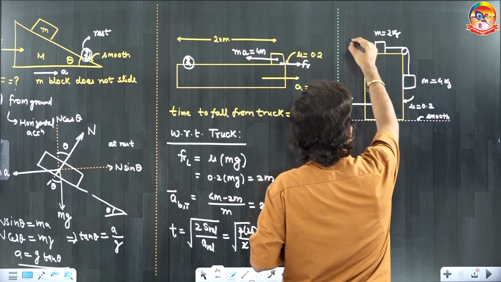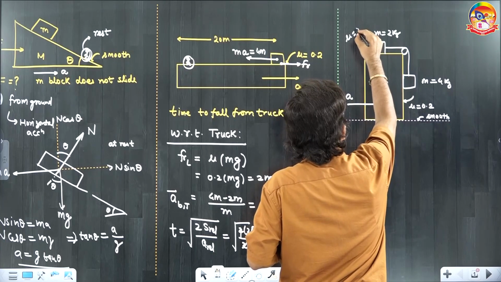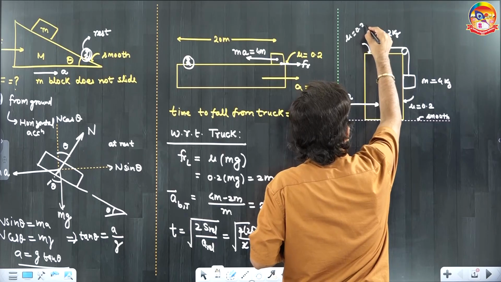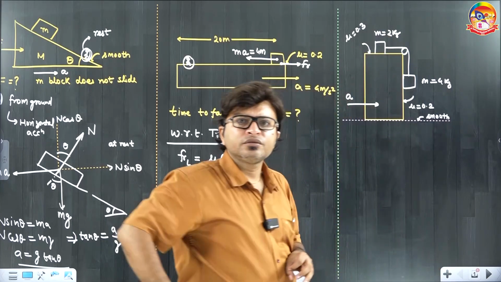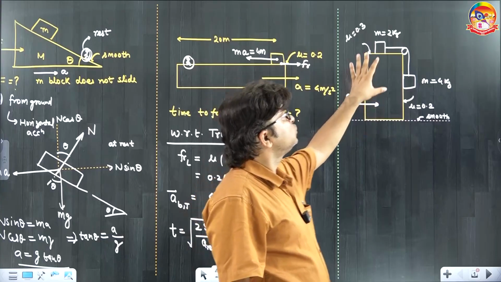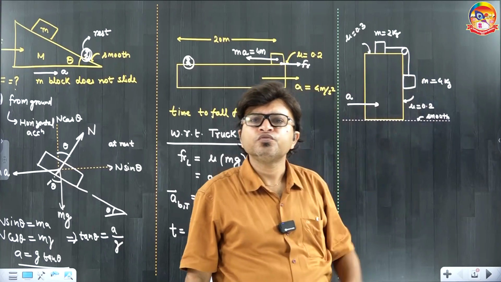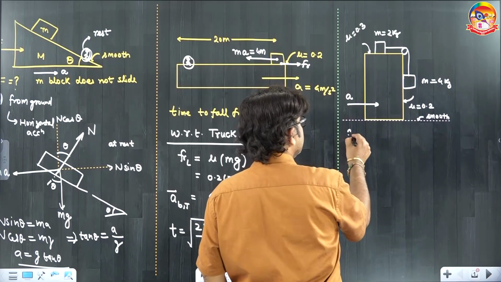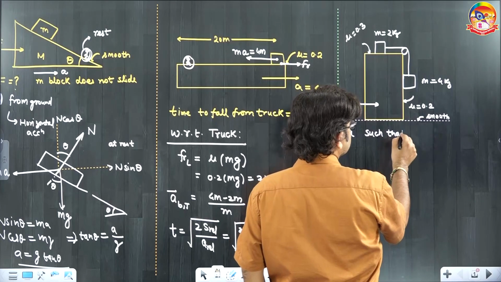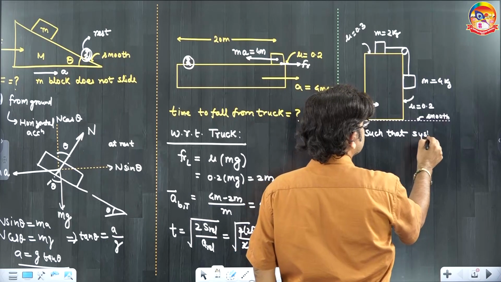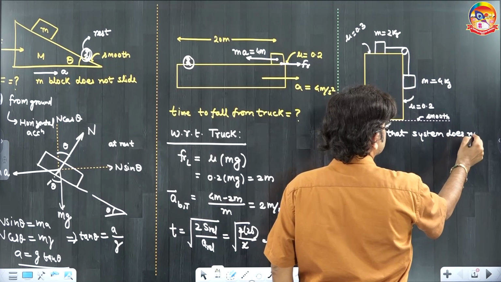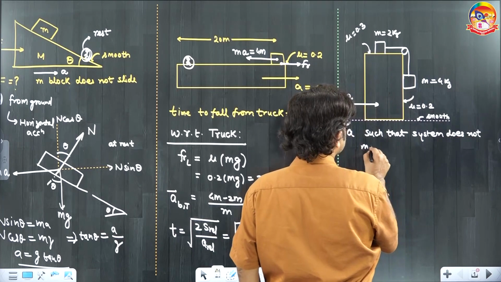Here it is also rough, mu is equal to 0.3. Now I have to find out what should be the acceleration so that this system does not move. So acceleration such that the system does not move.